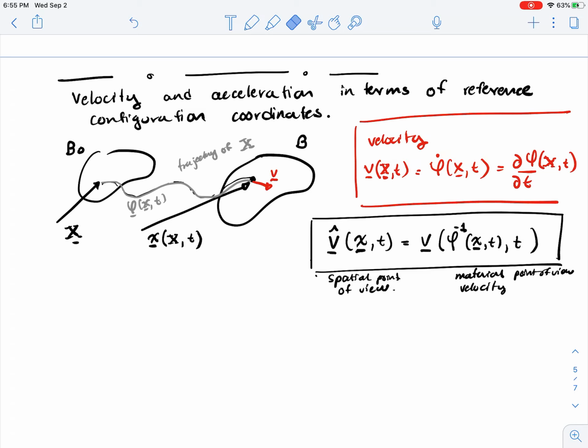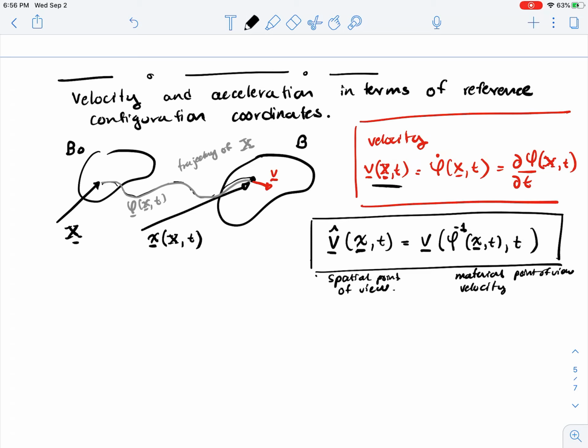So again, it's the same vector v, but what I'm saying is if I evaluate, instead of capital X, I plug in, I compose with the inverse of the deformation map, then I get a new function where the independent variable is the lowercase x.